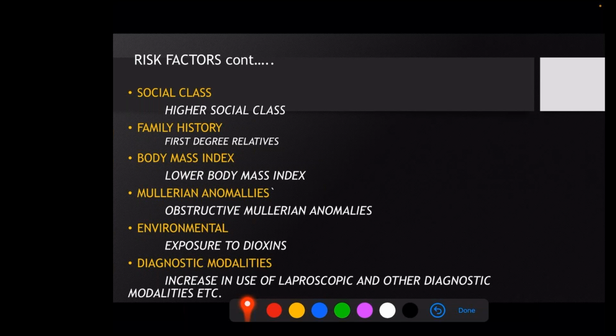Endometriosis is described as a disease of the rich because the frequency of disease is reported 4 times higher in private hospitals. That is why it is considered a disease of the rich. Then genetic factor or the family history. Genetic factors account for about 10% of cases.